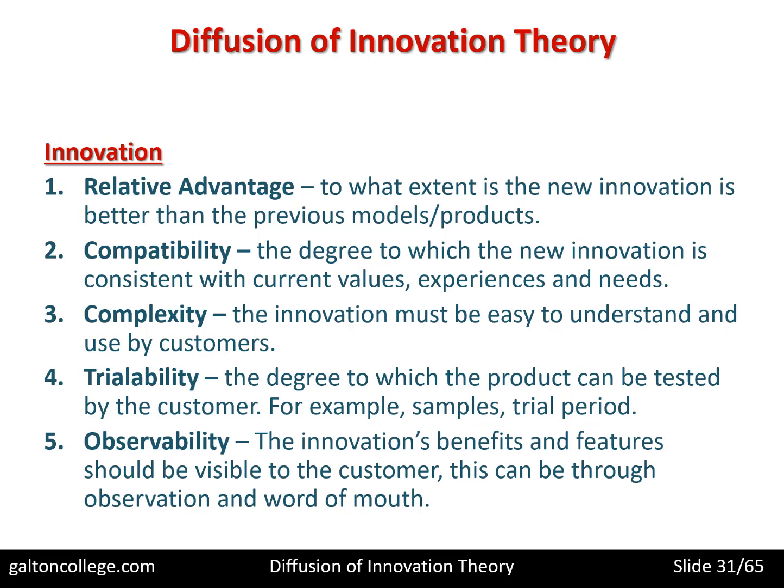The point is that the customers will be interested in the product if they can see that it is truly an innovation, if it is truly and genuinely a change for the better. So it should be observable. They should be able to check it themselves. They should be able to see that this is a different product from the previous one. It's a better product.